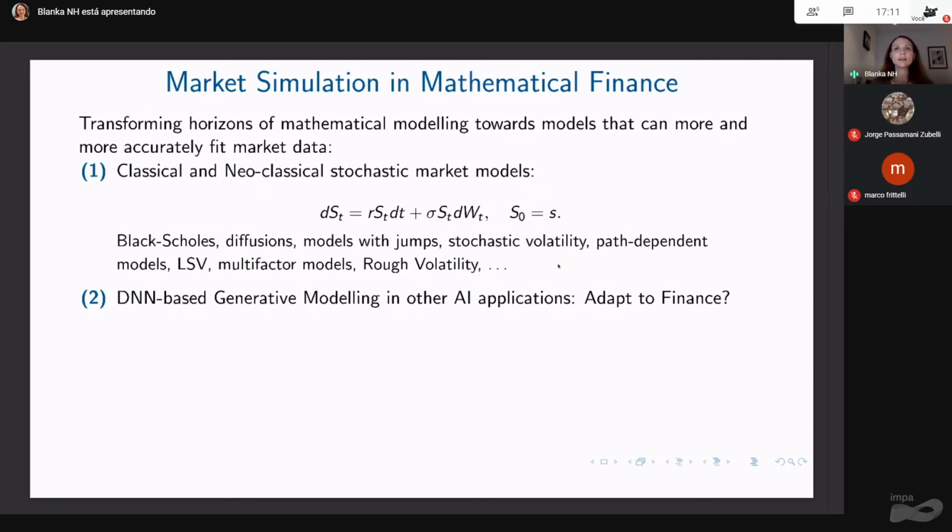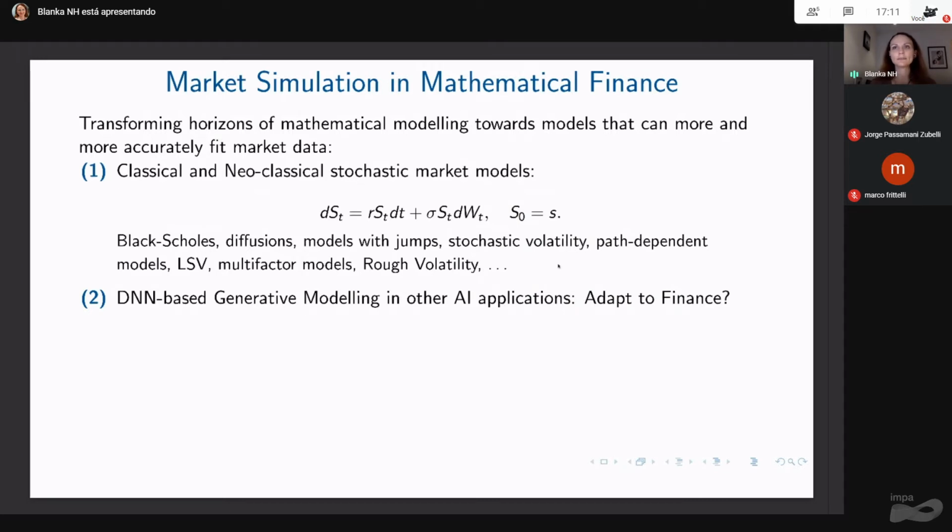But on the other hand, this question is actually not new at all, because even in classical models or neoclassical models, as we could put it when we want to speak about rough volatility, or the Bergomi models, even there, one crucial aspect of modeling is that it should reflect several stylized facts of financial markets.